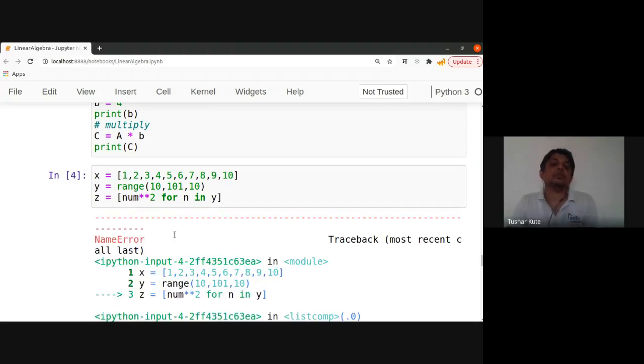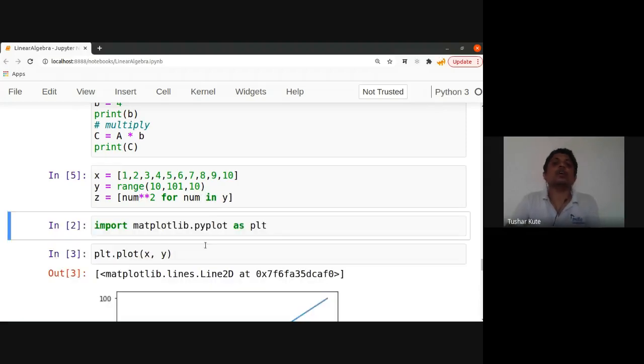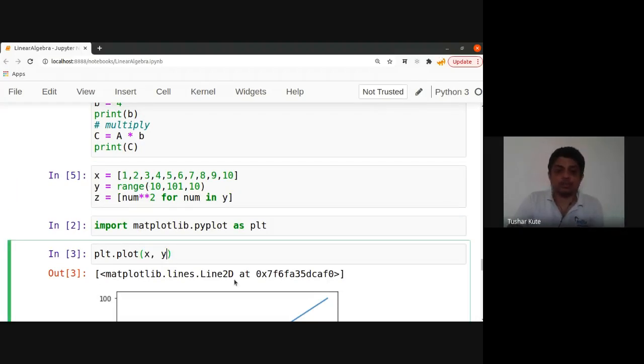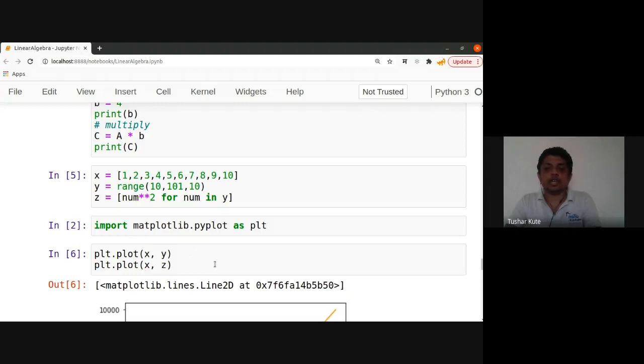So what I've done, by using the list comprehension concept, is calculate the square of every number which is present in the y variable. And when you plot this one, you can see this. I'll just plot this data now against z.